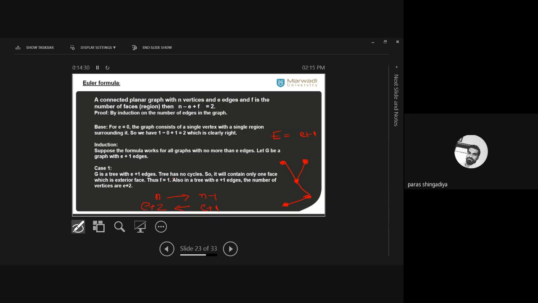If you draw a graph with e plus 2 vertices, which is a tree, how many edges will that graph contain? E plus 1. Is it clear? Because your answer depends on this result. Okay, a tree with e plus 1 edges, the number of vertices will be e plus 2. That I mentioned directly because it depends on this result of unit number 4.